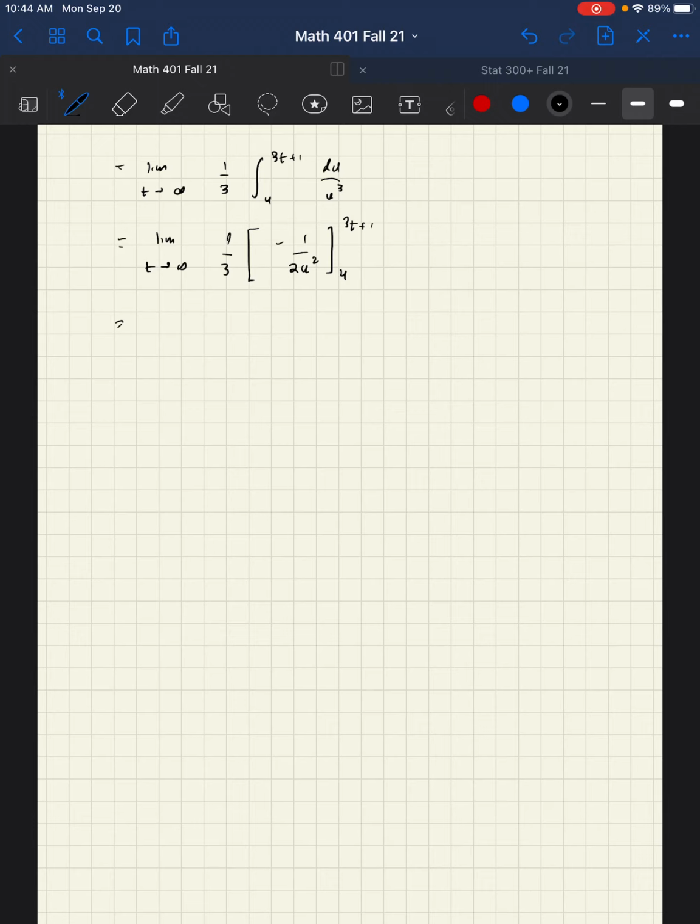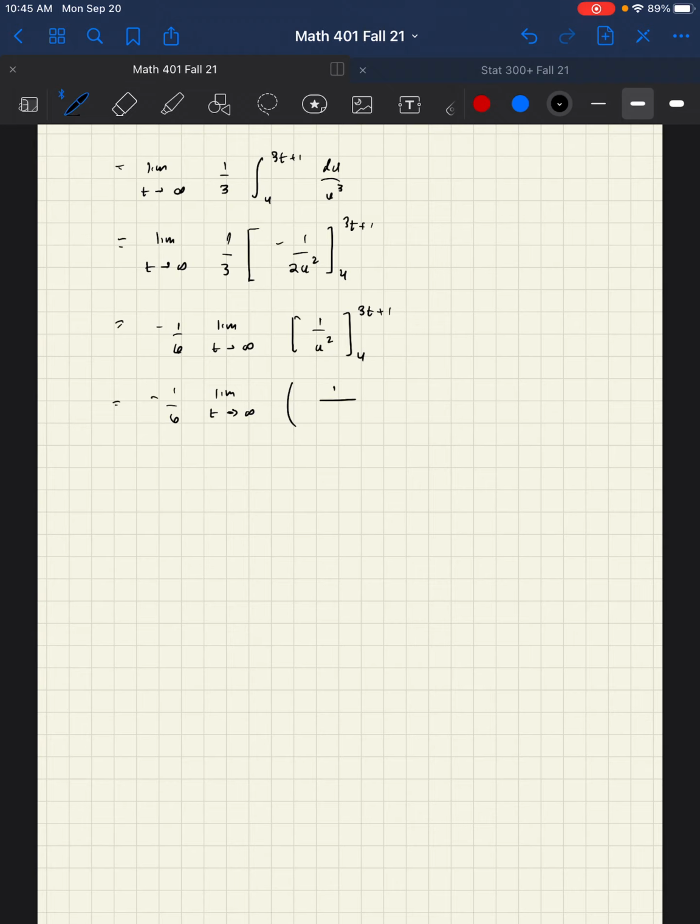Here's where we can start to do some things that we're comfortable with. There's a negative 1/2, that's a constant term really, and then there's 1/3. And we can pull that all the way out and make that a negative 1/6 times the limit as t approaches infinity of 1 over u squared evaluated at 4 and 3t plus 1. So don't forget about the negative 1/6 out in front.